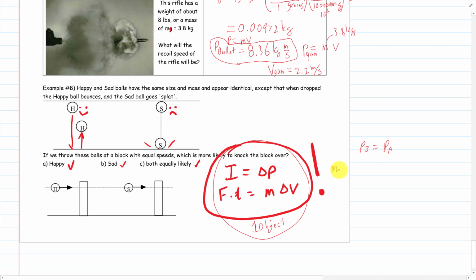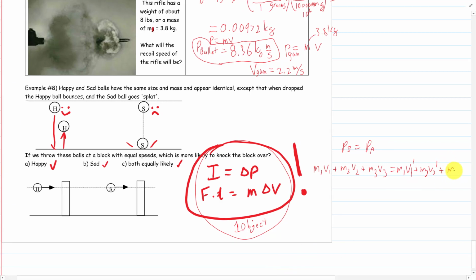And then it could be three objects, M1, V1 plus M2, V2 plus M3, V3 is equal to M1, maybe 1 and 2 combined together, M1, V1 plus M2, V2 plus M3, V3. And if they stick together, the next line, you can just go M1, V1 prime plus M2, V2 prime plus M3, V3 prime.